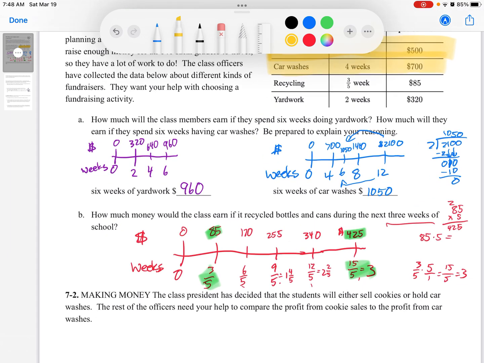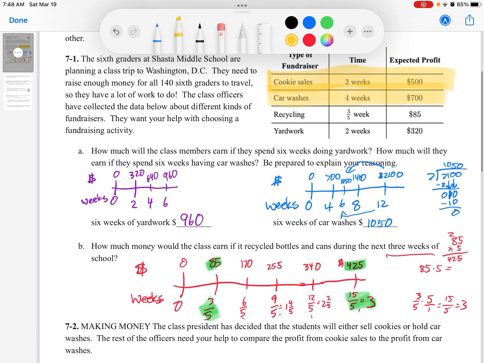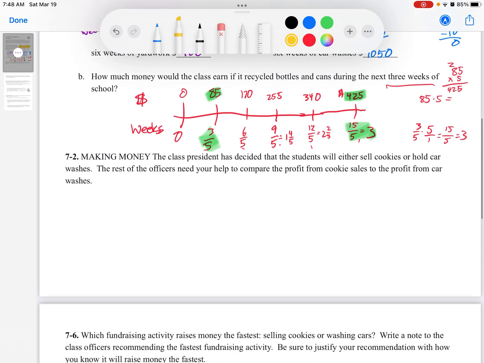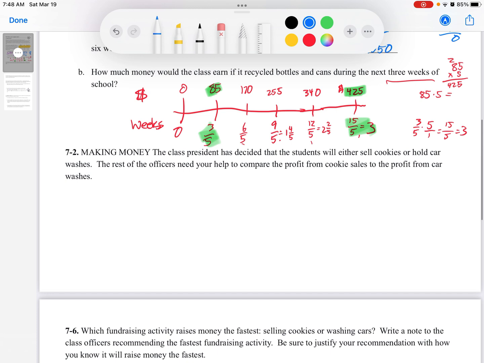Okay, so there's a lot of different ways for us to go about this. It is just a matter of what's the best way in your mind to get you to whatever it is that you're looking for, right?